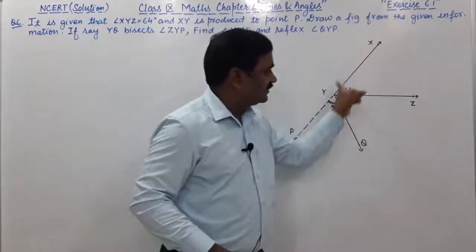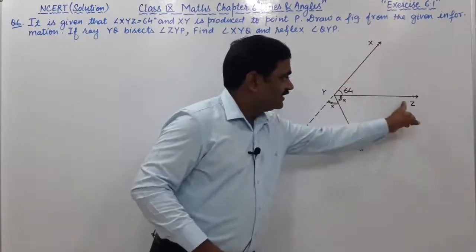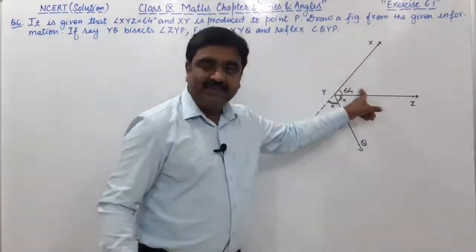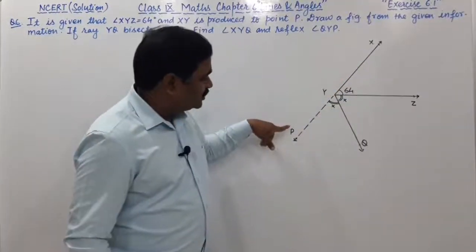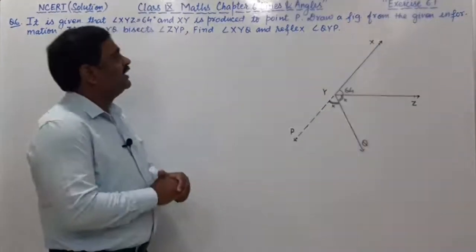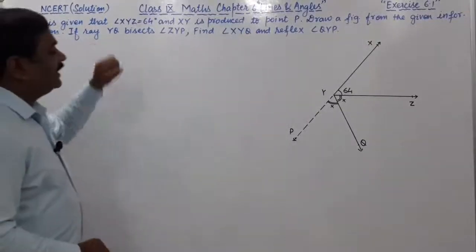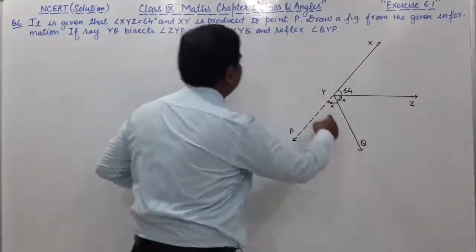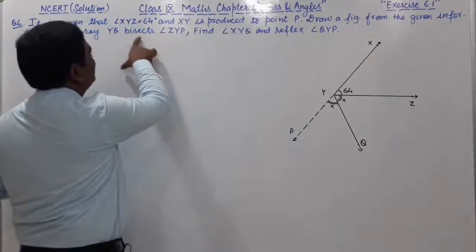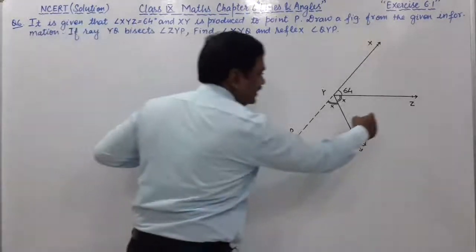So we have drawn this figure. XYZ is an angle of measure 64 degrees and XY is produced up to the point P. Right? After that, what is given? If ray YQ bisects angle ZYP.